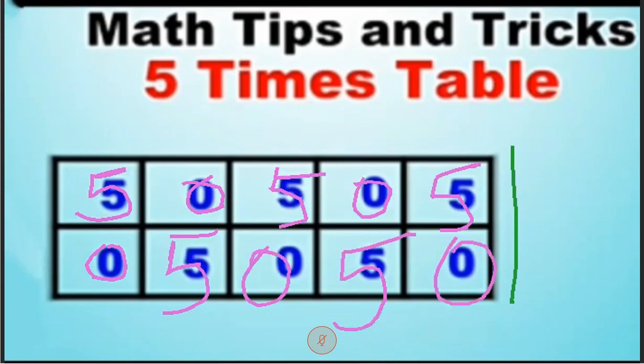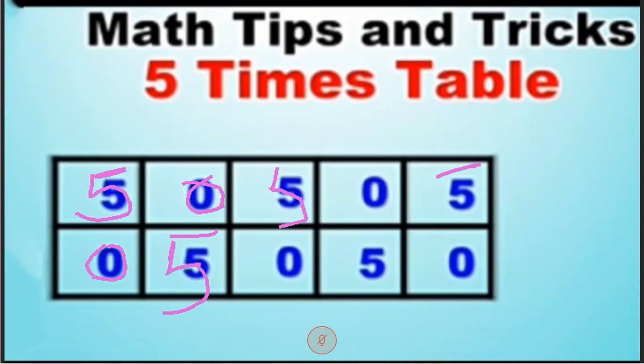Okay, got it, children? After that, our important thing starts. Let's do it. After writing 505050, you have to start from 0.